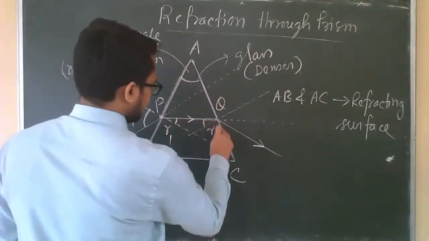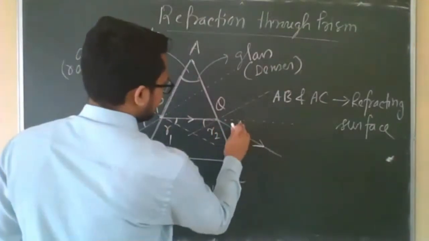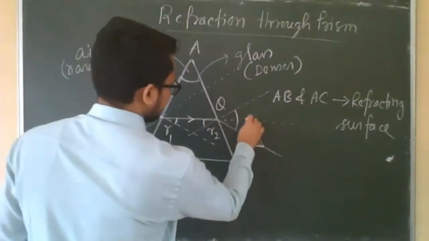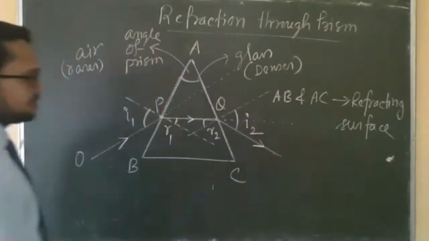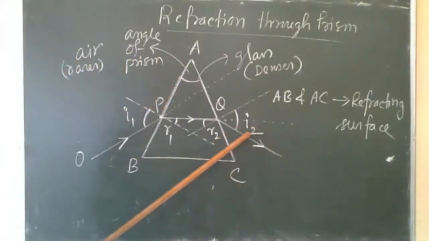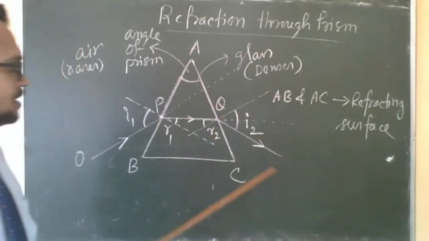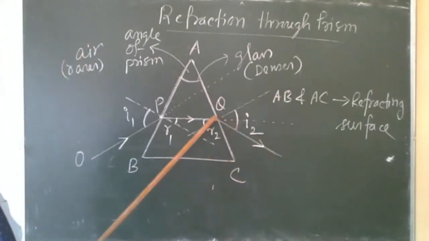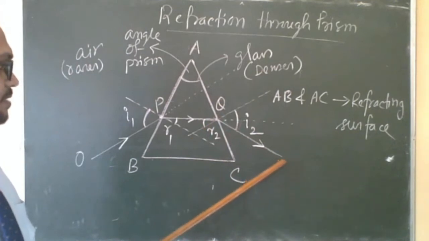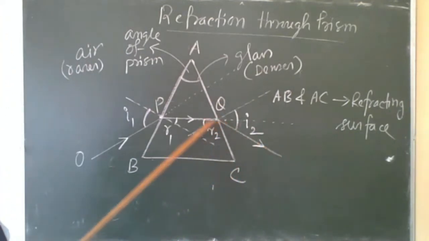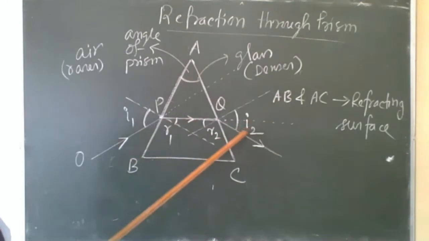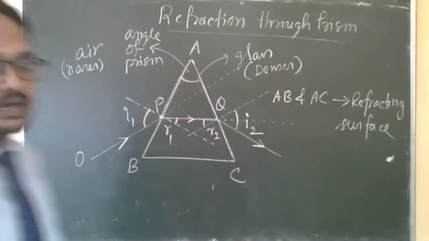This is the refracted angle at the second surface. And this is another angle, I2. Why am I writing I2 here? Because although I represents the incident angle, if we use the principle of reversibility, that means if a ray goes in this direction, it will follow the same path. For that reason, I have taken this one as I2 and this one as R2.